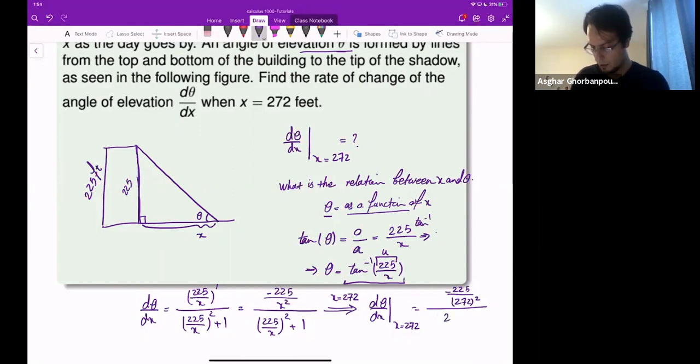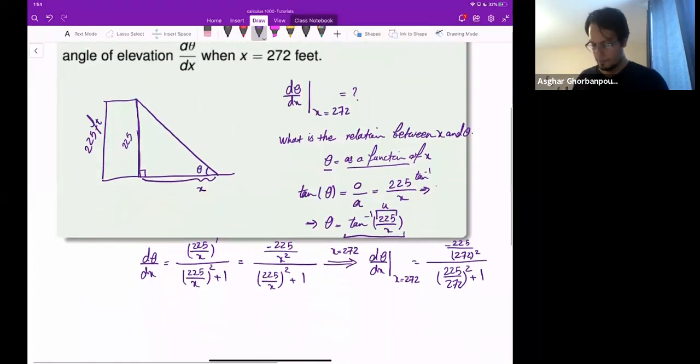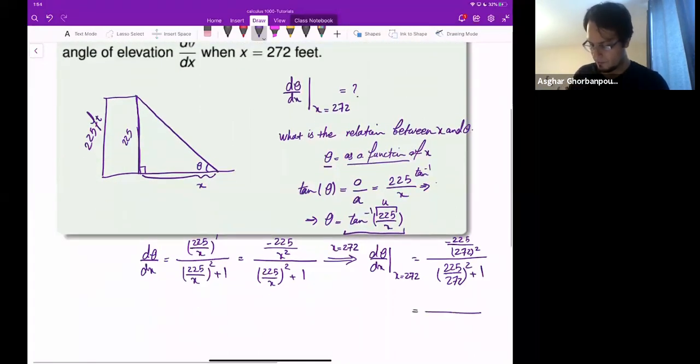It is 225 over 272 squared plus 1. I can simplify this. Find the common denominator in the numerator and denominator. Both of them are 272 squared. This is 225 squared plus 272 squared. And then we have negative 225 over 272 squared.